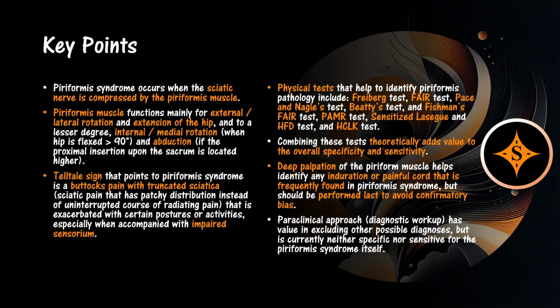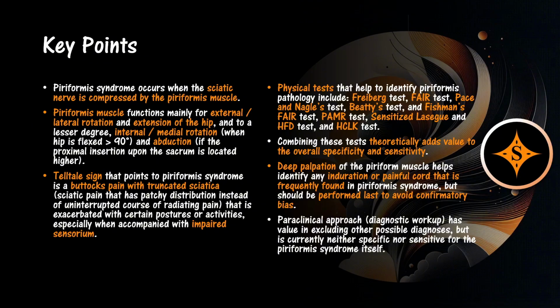A telltale sign that points to the presence of Piriformis syndrome is buttock pain accompanied by truncated sciatica, that is, sciatic pain that is not intact throughout the leg. Sciatic pain usually radiates down the leg throughout its entire length, but when its distribution is patchy or interrupted, let's say the pain is in the buttocks, and then the sciatic pain is felt again at the posterior aspect of the knee, but not the thigh.